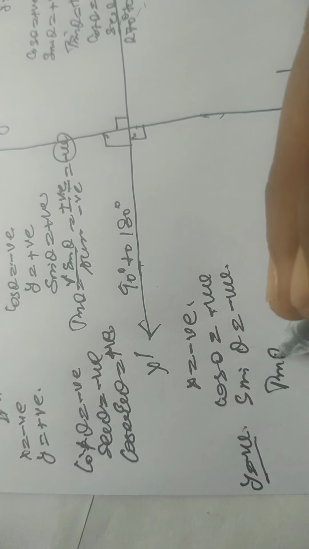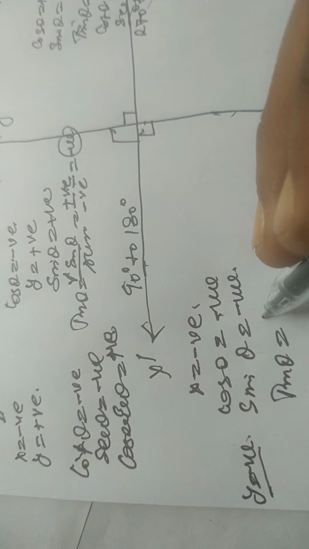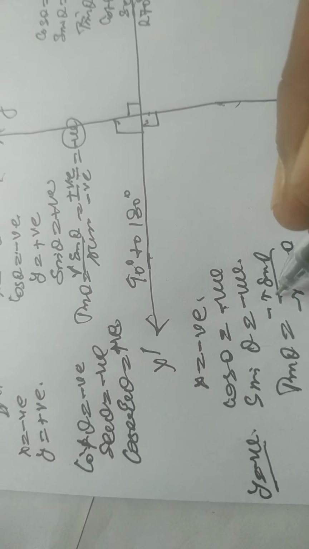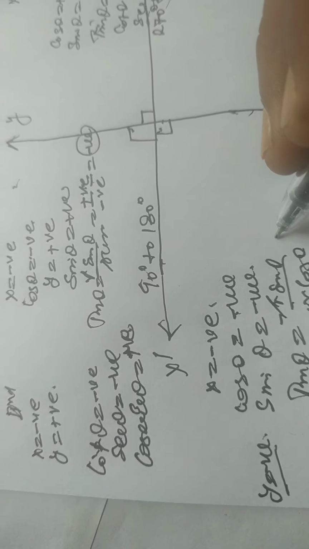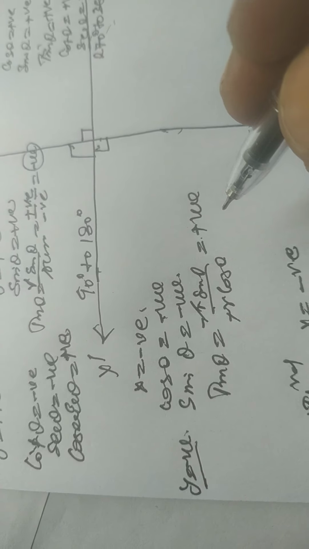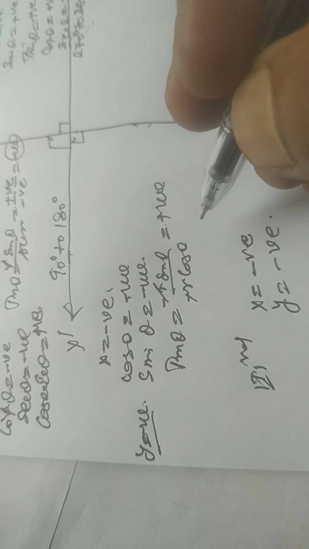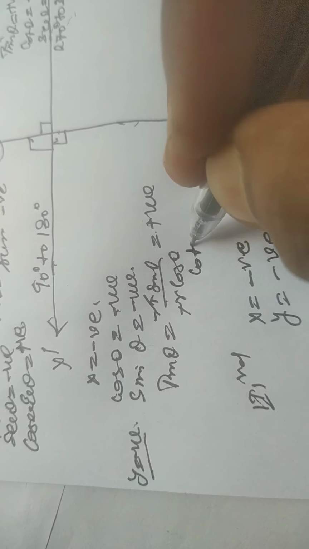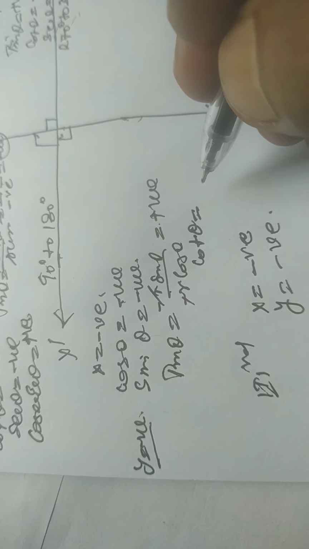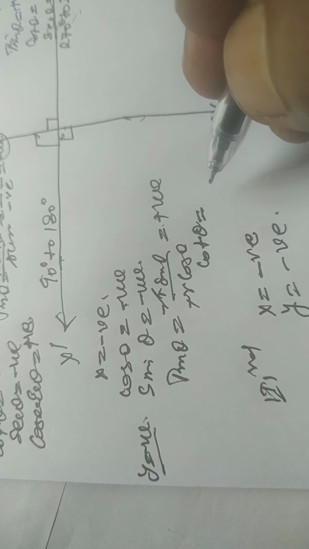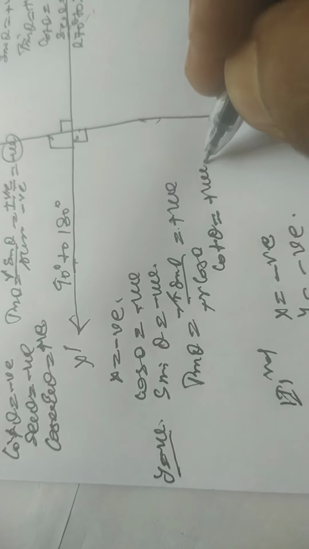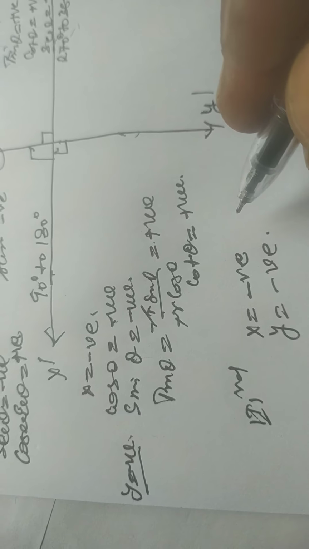Then tan theta is minus r sin theta upon minus r cos theta. This cancels out, so it is positive. Plus sin theta upon plus cos theta is positive. Now the fourth one is cot theta, r cos theta upon r sin theta. Both are negative, negative and negative cancel out, so it is positive. Then cot theta is positive.